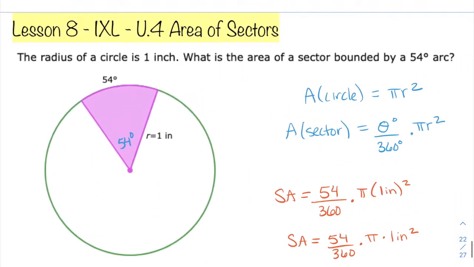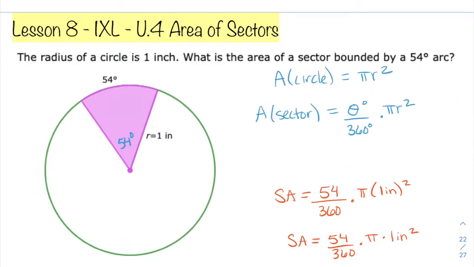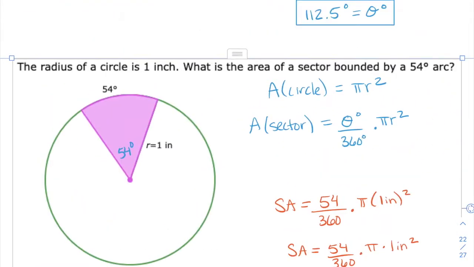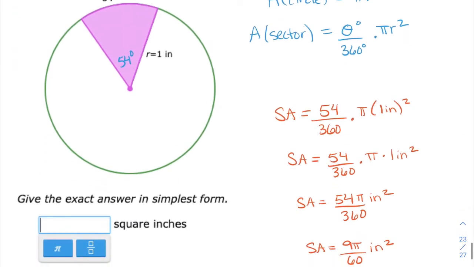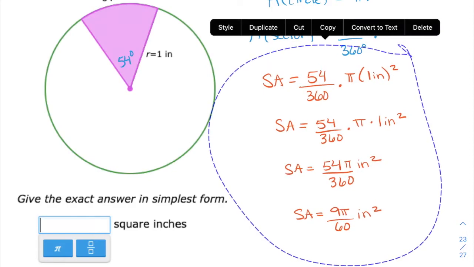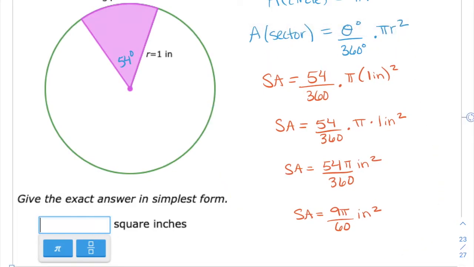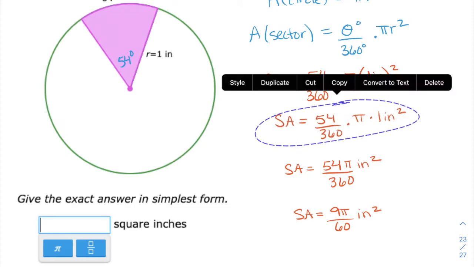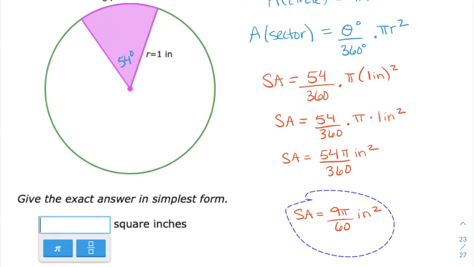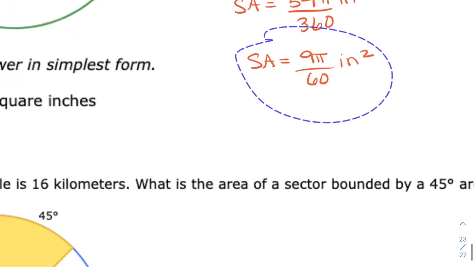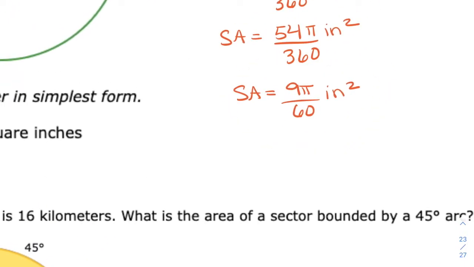Looking at 9 over 60, I can divide both by 3. So sector area equals 3 pi inches squared over 20.